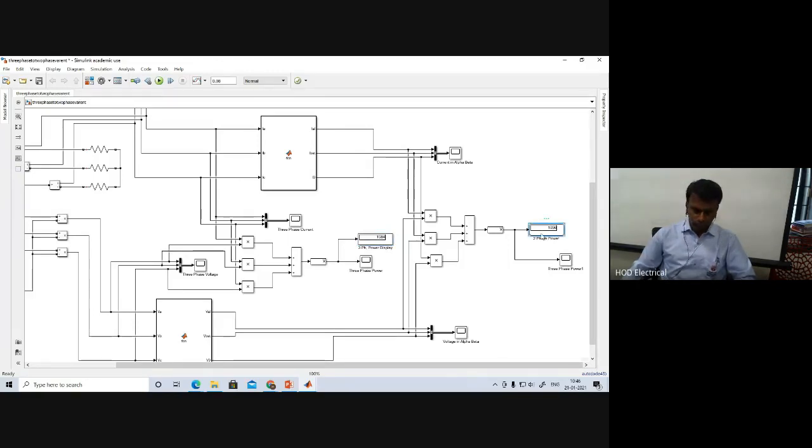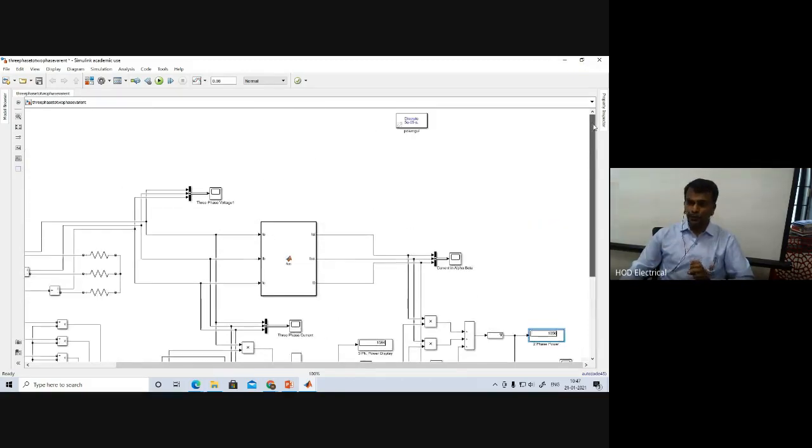Similarly, this is the two-phase power, 1056 divided by 2, and you will get the same value of 528. So the three-phase per phase power is the same as the two-phase per phase power. This is what we would like to prove according to this concept of three-phase to two-phase conversion.